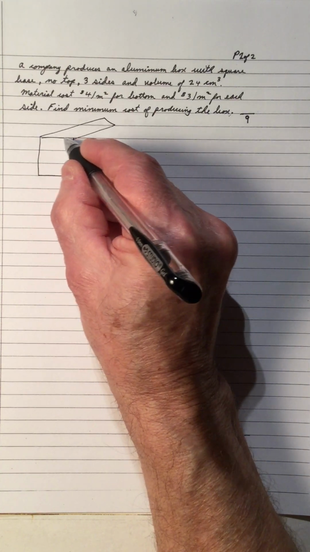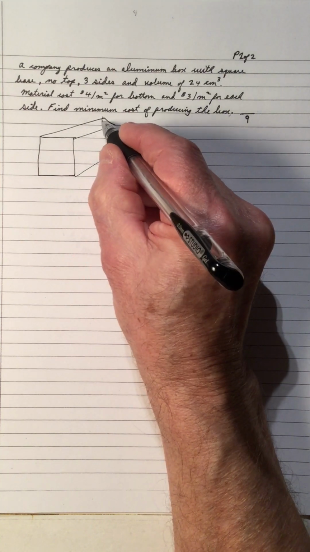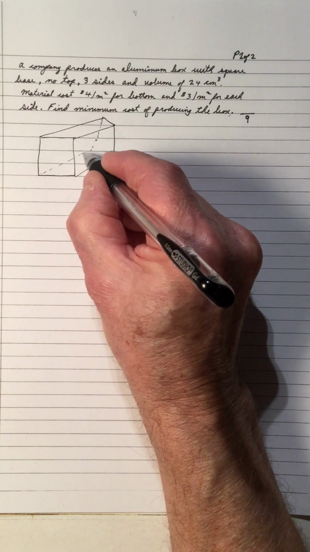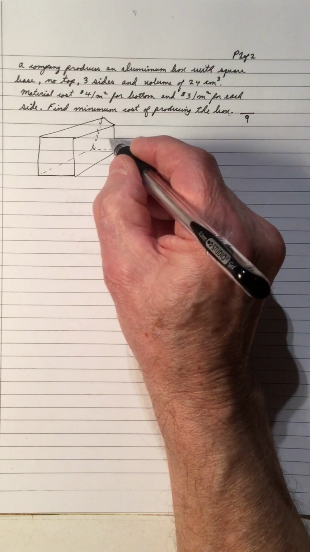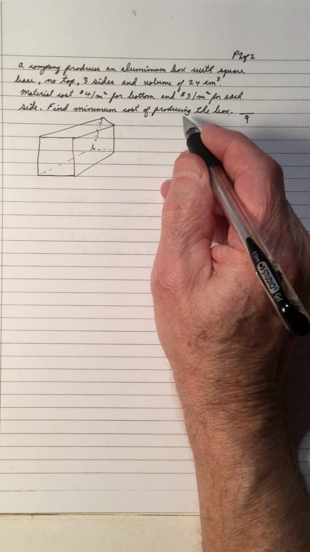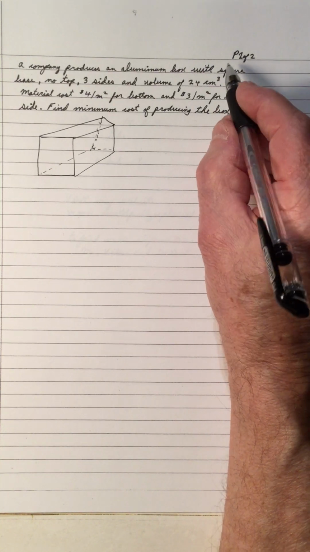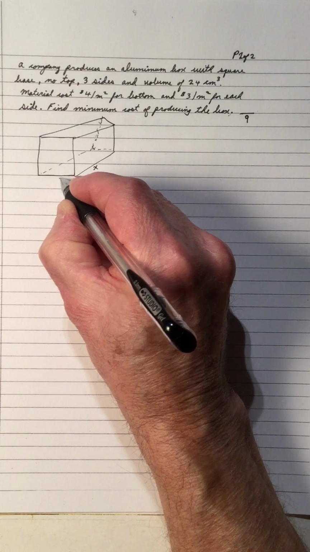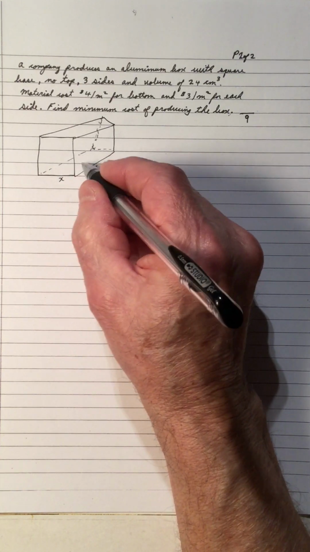It's what we call a rectangular box, and let's always note the drawing is not exact. Okay, there's the box, but it says that the box has a square base, so let's make the base a square, so the length and width of the base of the box is x.